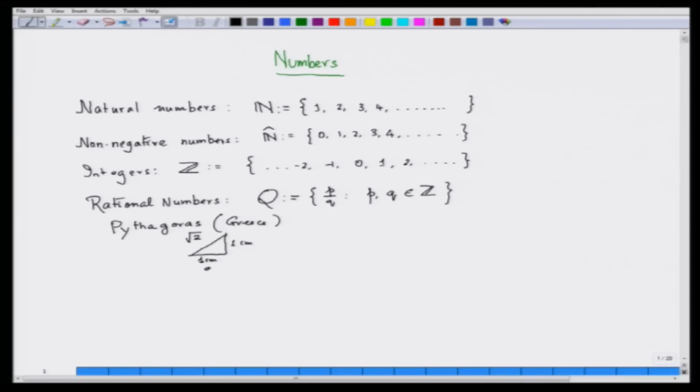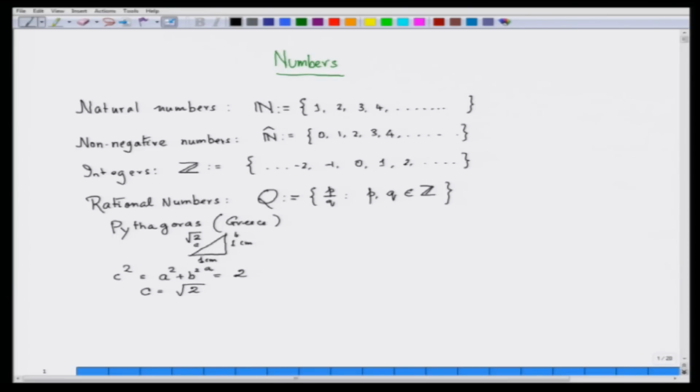So, this side I call A and this side I say B and this side is C, and C square is equal to A square plus B square. And if A is 1 centimeter, B is 1 centimeter, then C square is 2 centimeter. So, C, because it is the length, we cannot take the negative root. So, it is root over 2 centimeters.